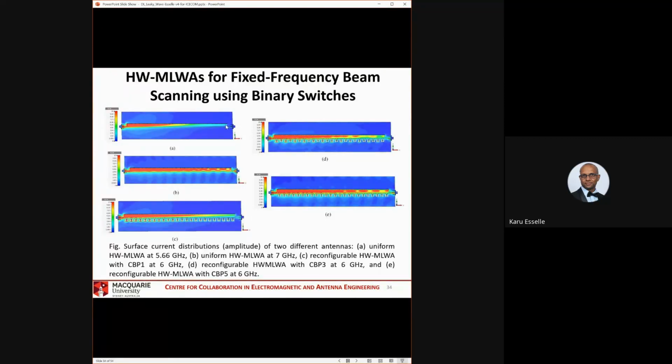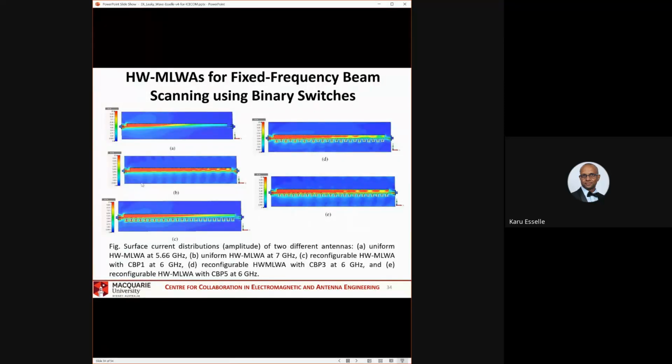So when that happens, the effective aperture of the antenna is short. That means directivity is less, and radiation efficiency is very high, so the gain is almost equal to directivity. And this is what we saw in the beginning for this kind of antenna.